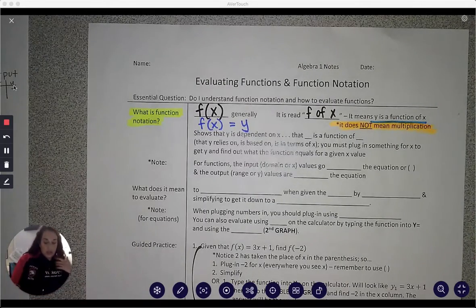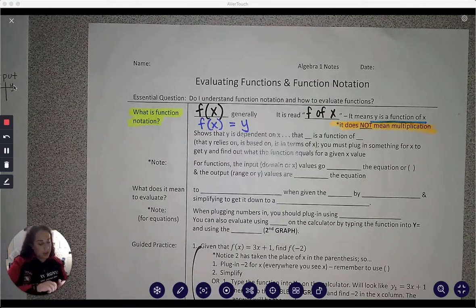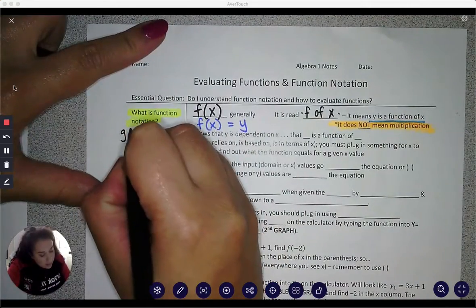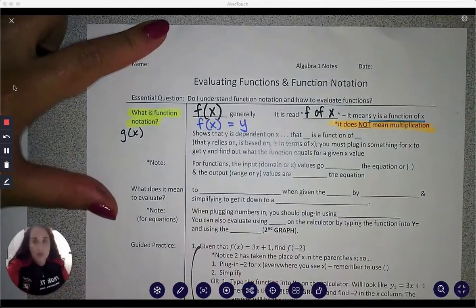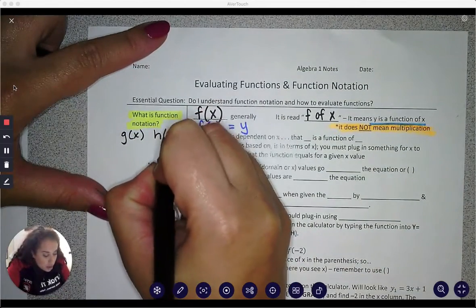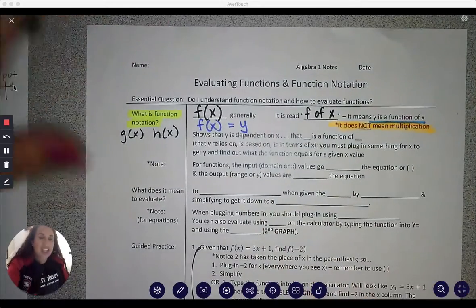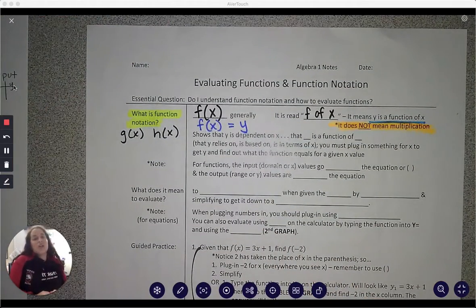Yes, g of x is another famous one, and h of x. These are some pretty common ones, but we can use any letter we want. Those are the three most common: f, g, and h. Once you get into physics, you use v a lot, but for algebra purposes, that's where we go.